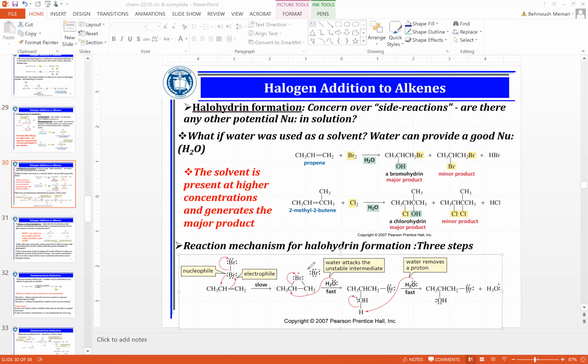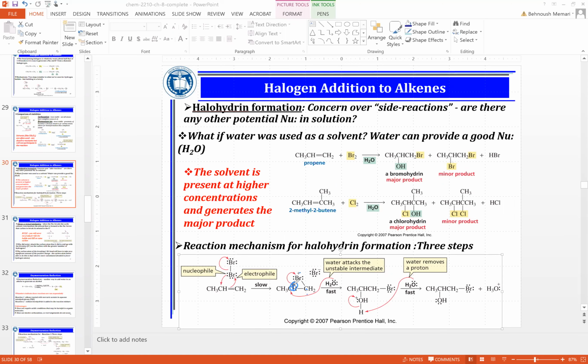And how would you justify that? It's the plus charge, because H2O is looking for plus charge, right? H2O is a nucleophile. The plus charge is going to be more stable here because that carbon is more substituted compared to this primary carbon.